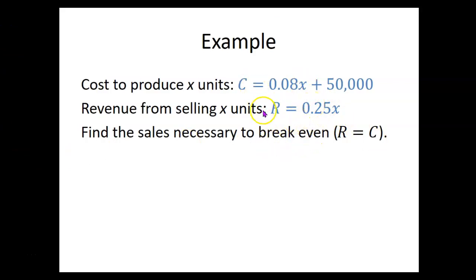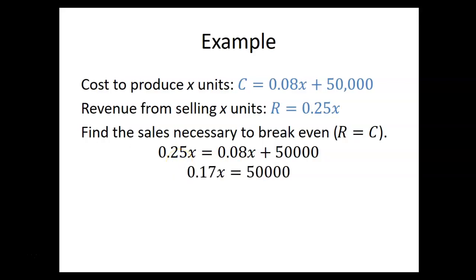If the R and the C are equal to one another, that means that 0.25x equals 0.08x plus 50,000. So we just have to solve that for x, subtract 0.08x from both sides, and we get 0.17x equals 50,000.